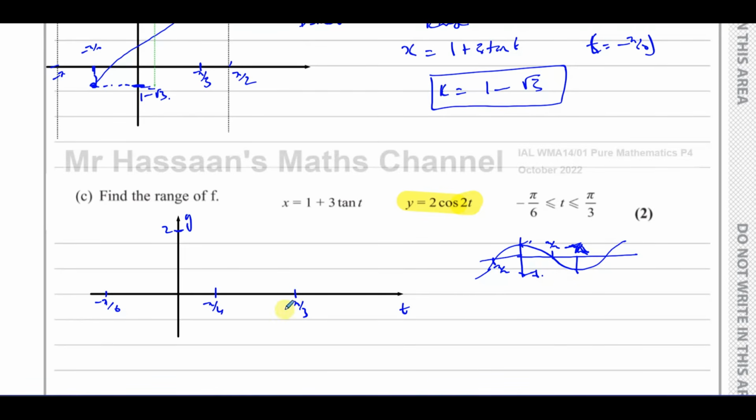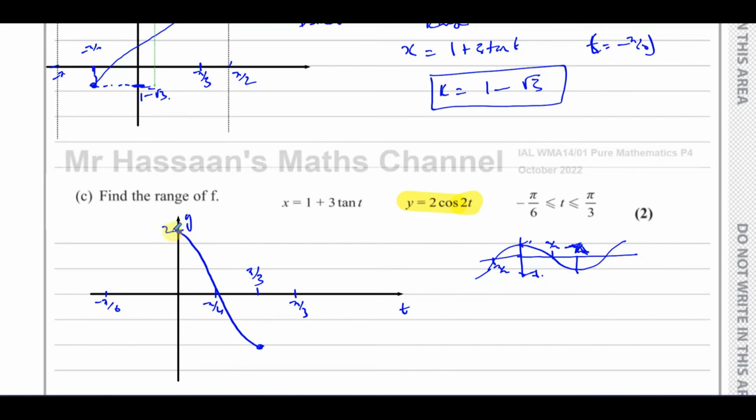It's horizontally stretched. Now pi over 2 is more than pi over 3, so it's not going to quite reach its bottom limit of, in this case, minus 2. It's going to go something like this, and then it's going to start heading back towards a minimum, but it's going to stop here, and this is going to be at pi over 3.